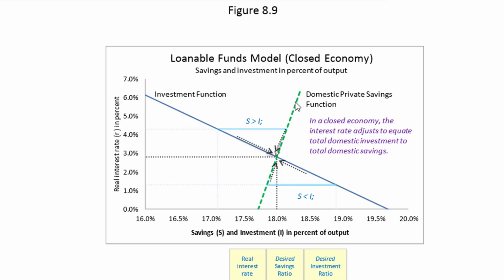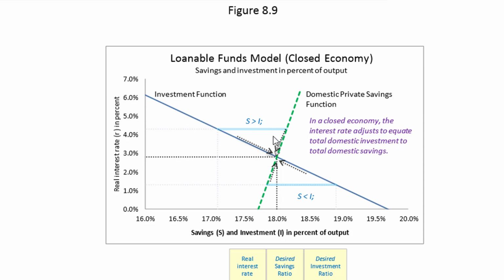The rate of interest on their credit cards is higher, and instead they'll put more money in a savings account and enjoy that savings in the future. So the savings rate increases when the interest rate rises, and the investment function is as before. Investment decreases when the interest rate rises.